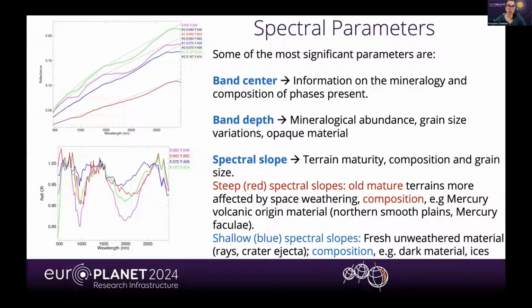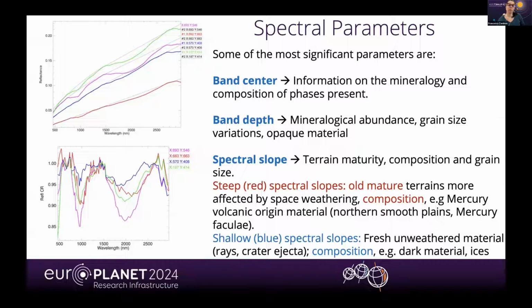When you have absorption bands, you can better define the mineralogy of the surface because each absorption band is related to a mineral, and then you can associate the mineral to the spectra of your surface, and try to tell what are the phases present.